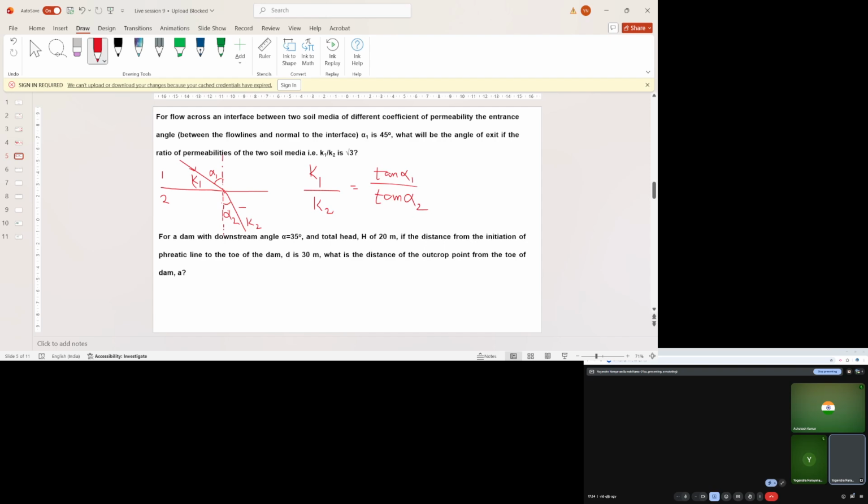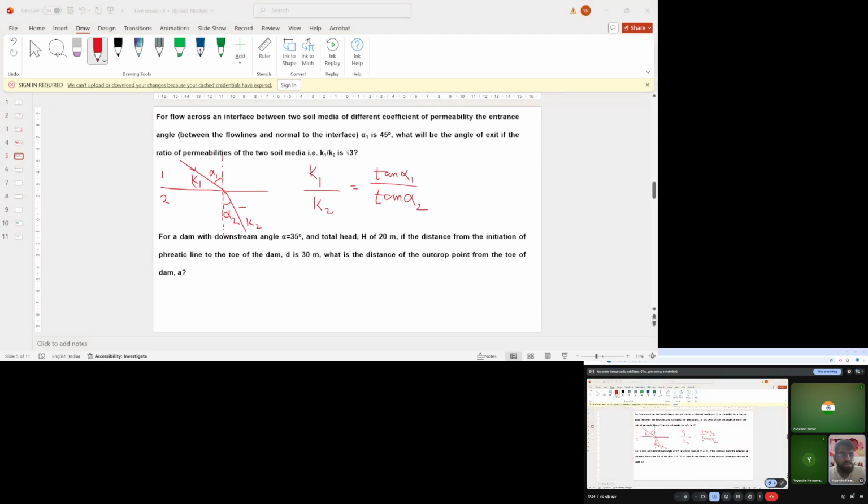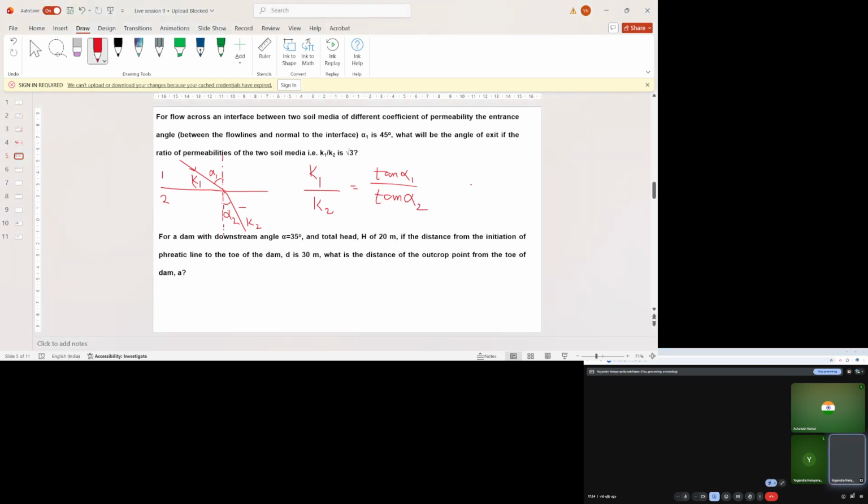Have you studied optics in your 10th plus 2? Yes, sir. So can you remember some law in ray optics where this type of relation comes? It is Snell's law.